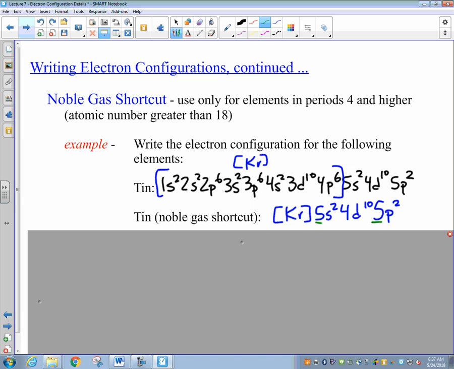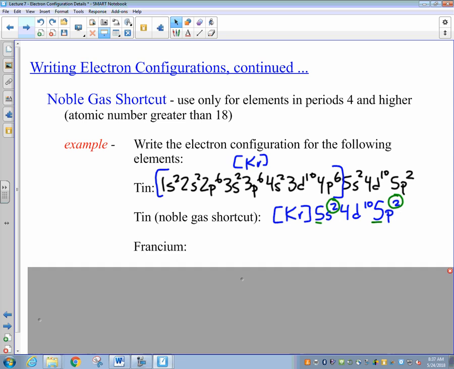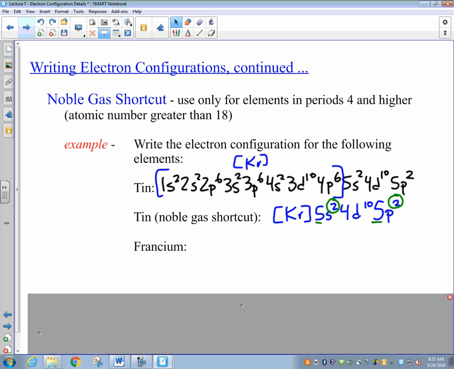So within this configuration, I've still written the valence electron configuration here, giving me 4 total valence electrons, which tells me really the most important electrons in terms of chemical bonding within this sample. So from here on out, guys, you're certainly free to use this noble gas shortcut, just bracketing the previous noble gas and then writing after that noble gas all the stuff that remains in order to complete your electron configuration.